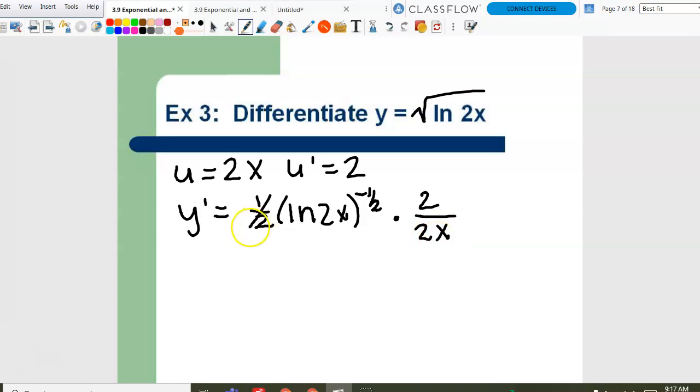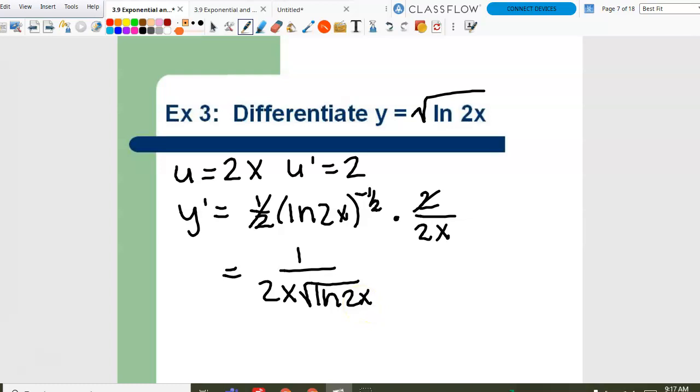It does simplify, so the 1/2 and the 2's could cancel, or these 2's could cancel. So then you get 1 over 2x square root ln 2x, because it's all multiplied into 1.